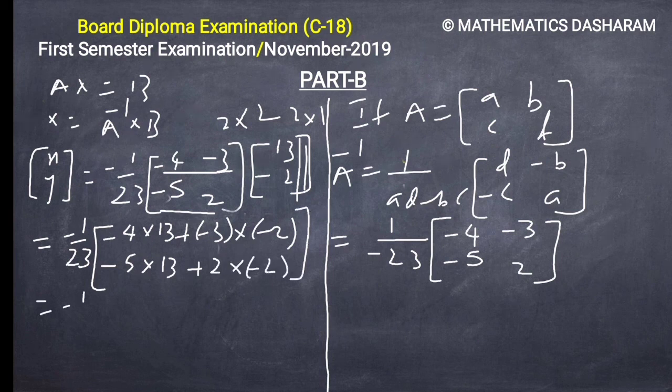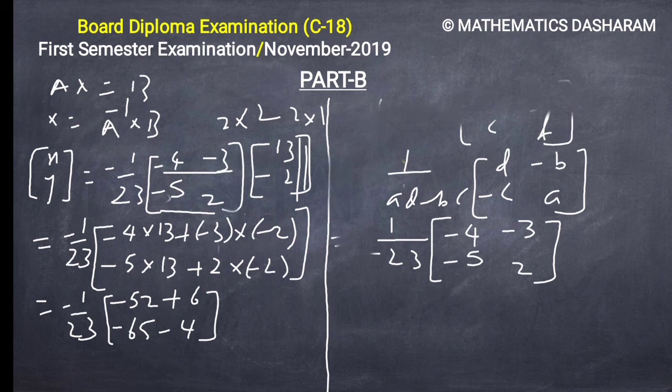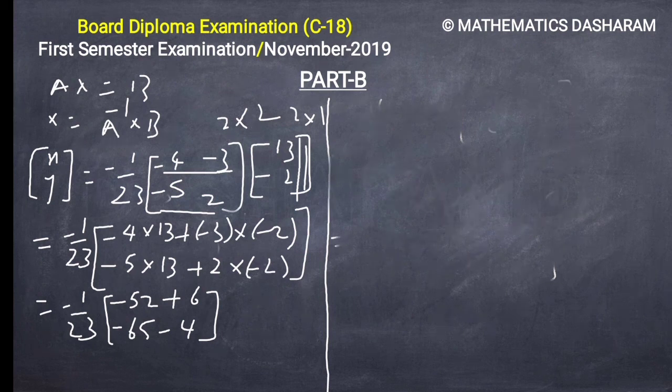So it is equals to minus 1 by 23, minus 4 into 13 is minus 52, and minus 3 into minus 2 is plus 6, minus 5 into 13 is minus 65, and 2 into minus 2 is minus 4. So it is equals to minus 1 by 23, minus 52 plus 6 is minus 46, minus 65 minus 4 is minus 69.